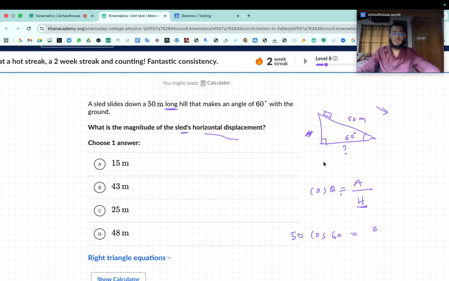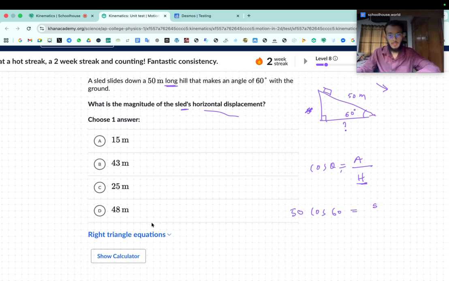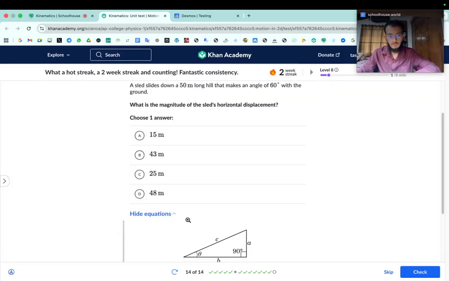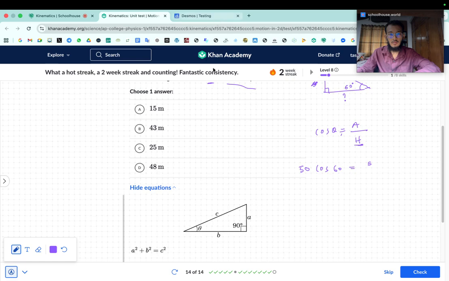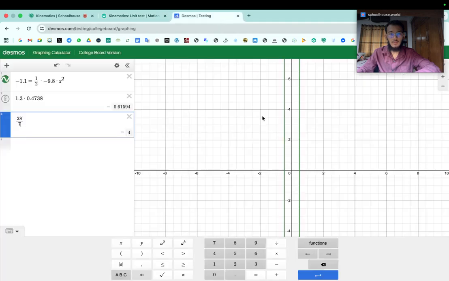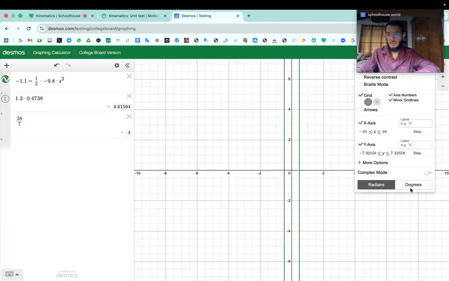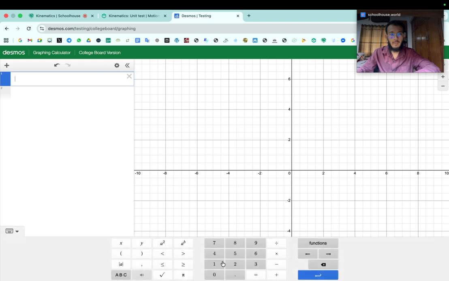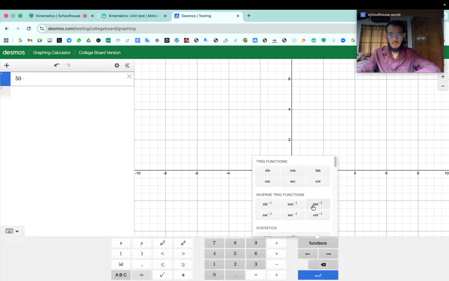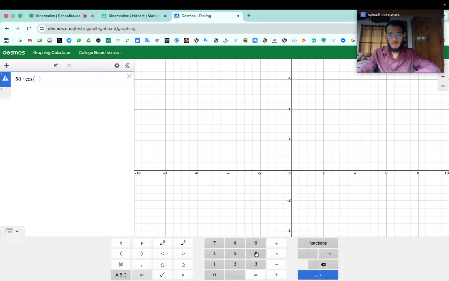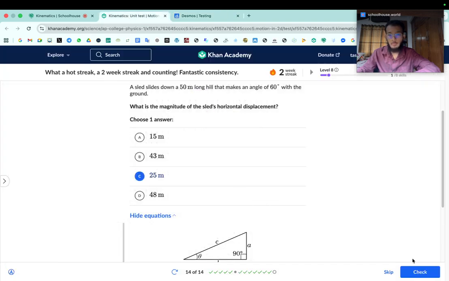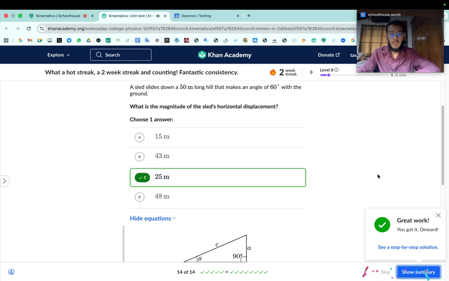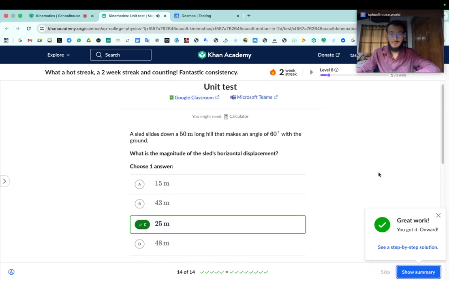So 50 cos 60 is the answer. 50 times cos 60. It's 25. So our answer is C. And that's it. That marks the end of this unit test.